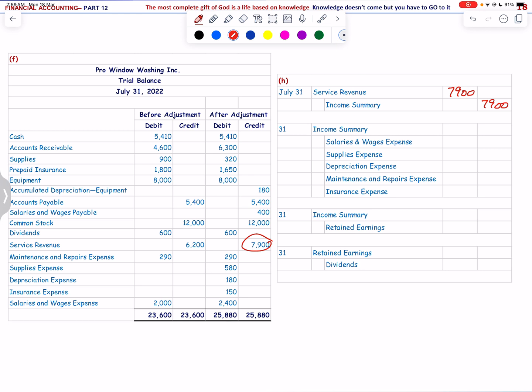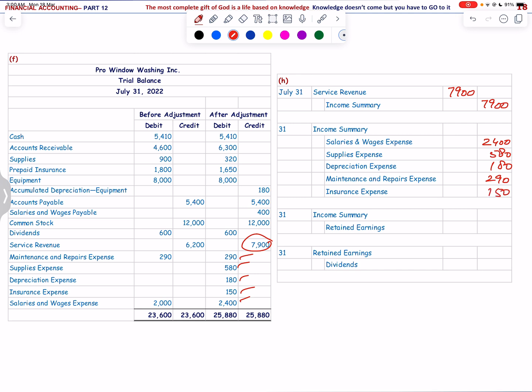Supplies expense 580, depreciation expense 180, maintenance and repair 290, insurance is 150. So the total of all these expenses is 3600.